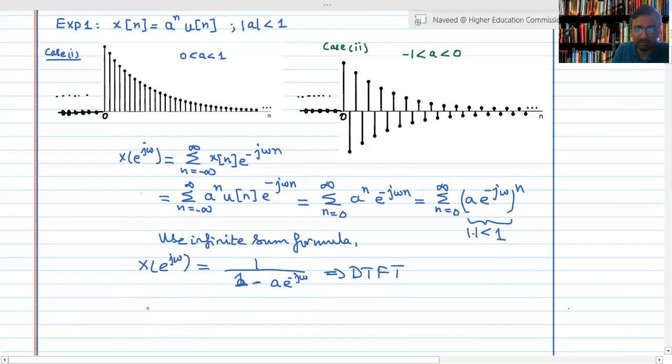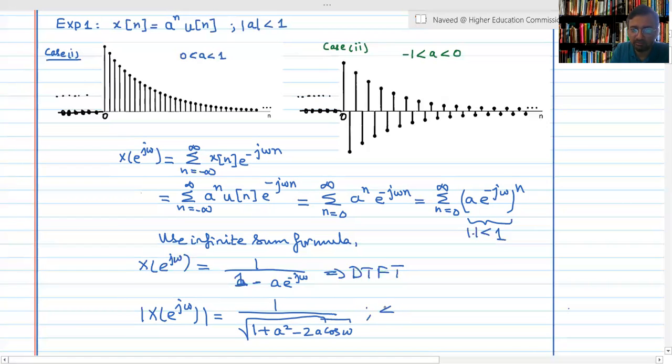So quickly, if we write down the magnitude and phase of this function, the magnitude of this function turns out to be 1 divided by square root 1 plus a square minus 2a cos omega, and the phase of this function is tan inverse minus a sine omega divided by 1 minus a cos omega.